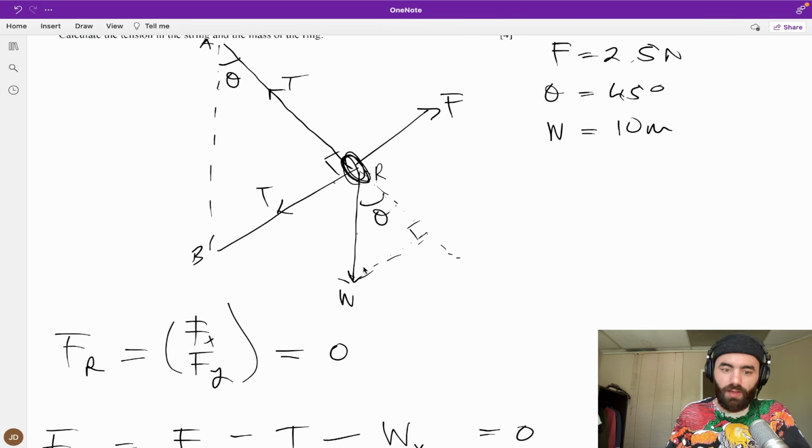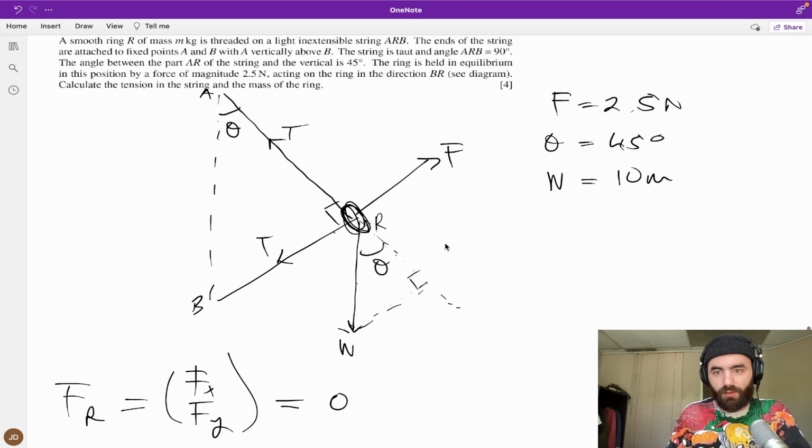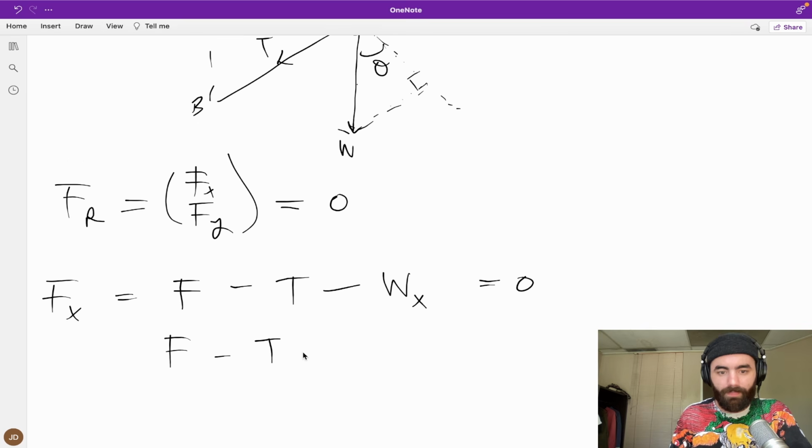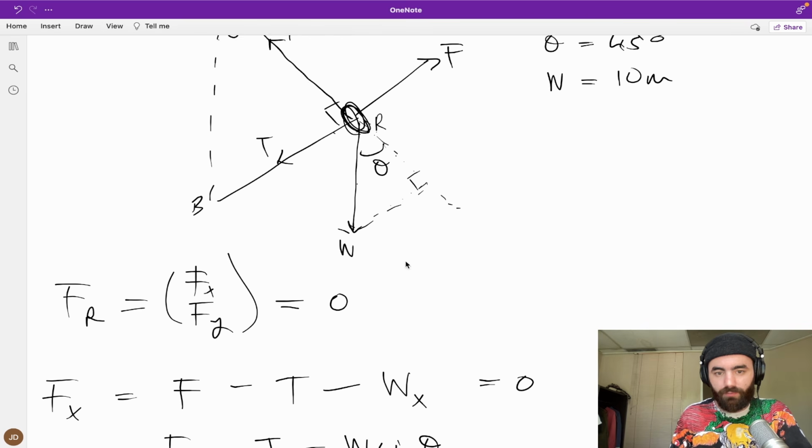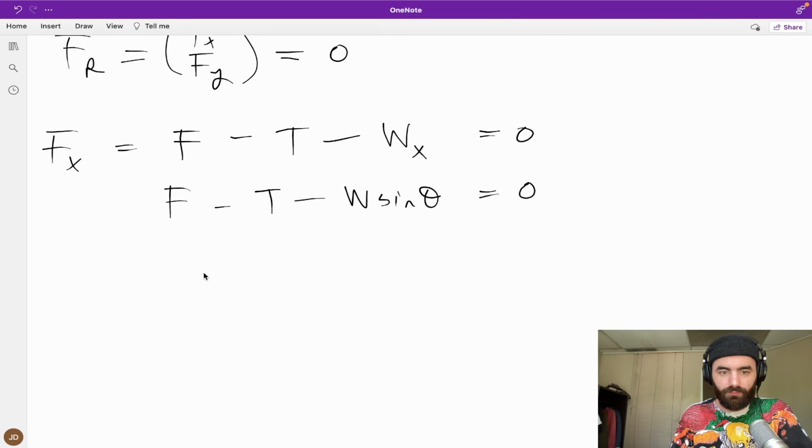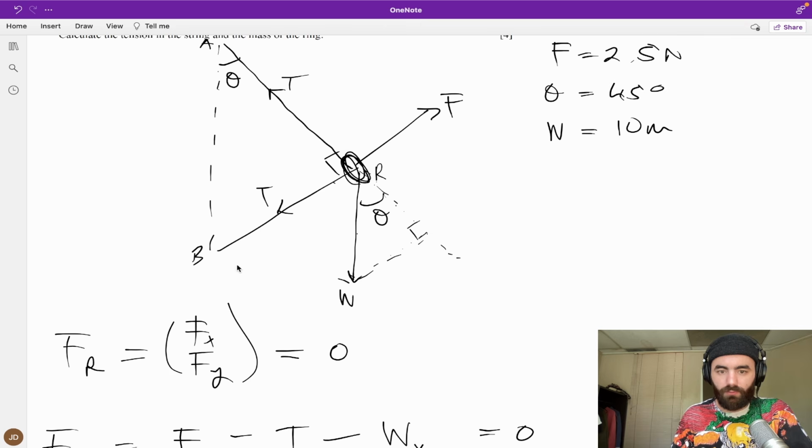So the W acting, Wx, will be opposite, which is sine theta. Right, so this part here.